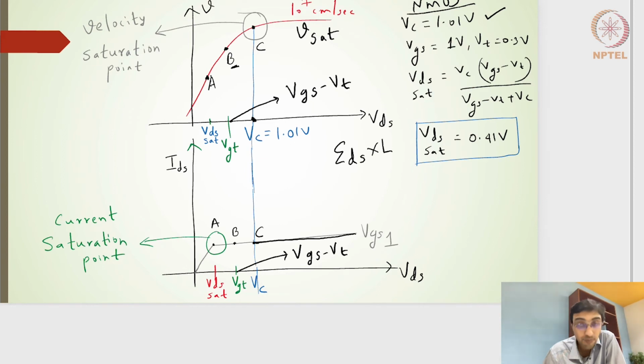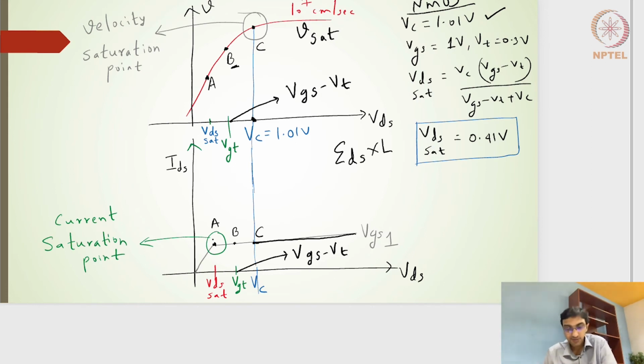Right, so that is point A in the velocity profile, and similarly the counterpoint in the current profile is drawn here as point A. So now I have drawn points A, B, and C. And of course, I've just connected those points by a line, and also I have the line after point C and a line before point A, just to complete the velocity profile and the current profile.